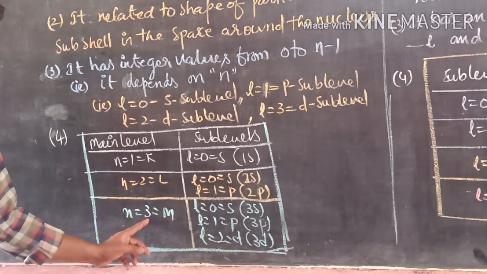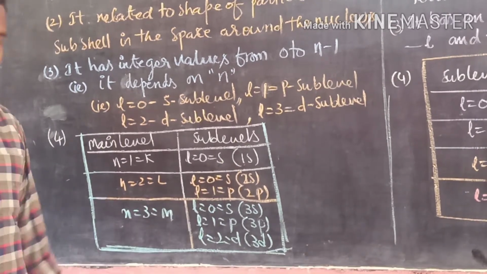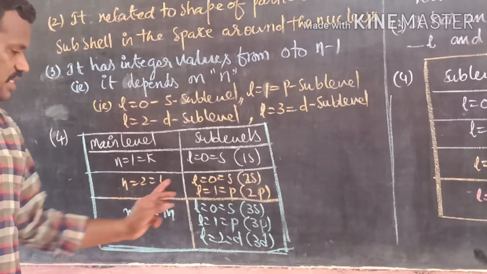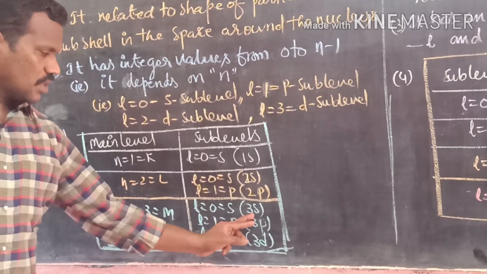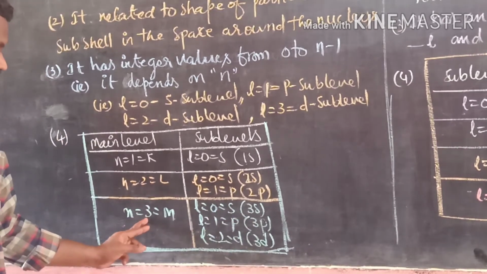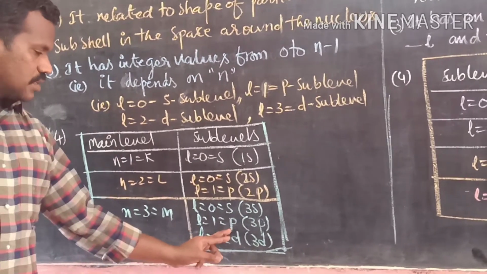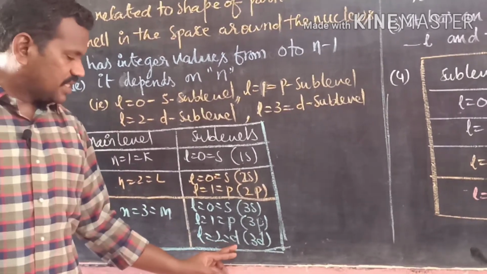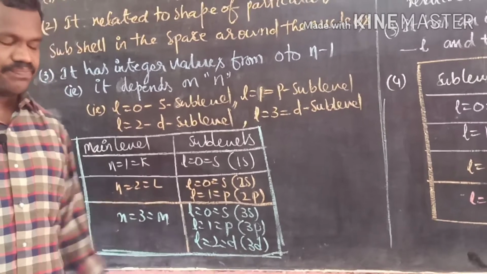Now come to main level 3. It has three sublevels: s, p and d. Main level 3 sublevel s is called 3s, sublevel p is called 3p, and sublevel d is called 3d.